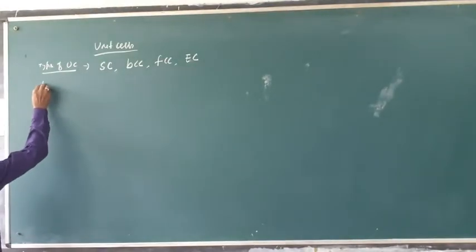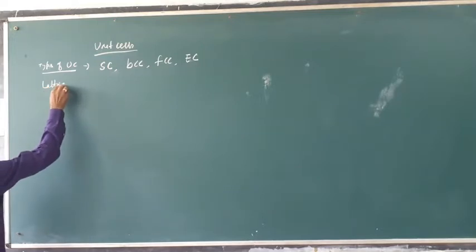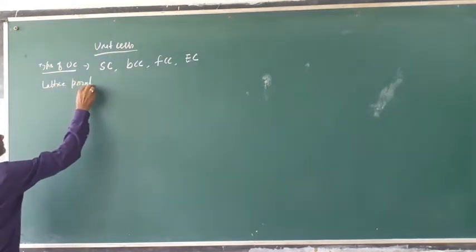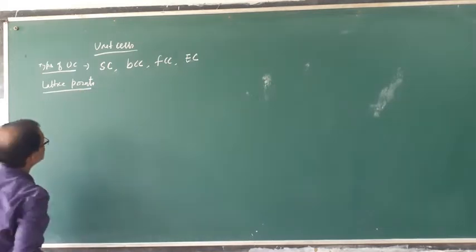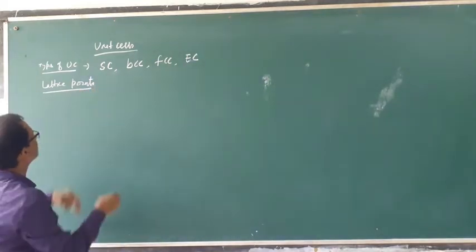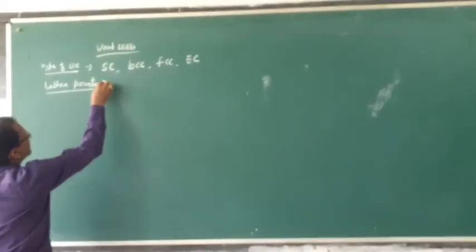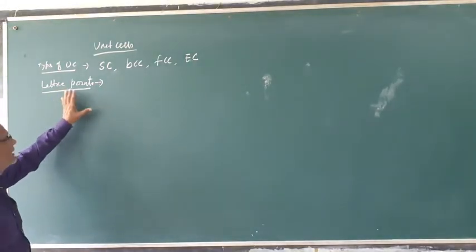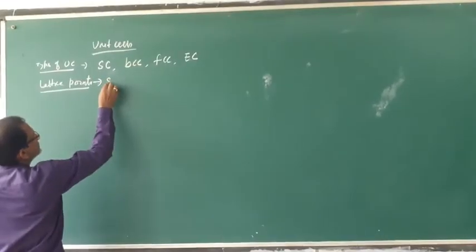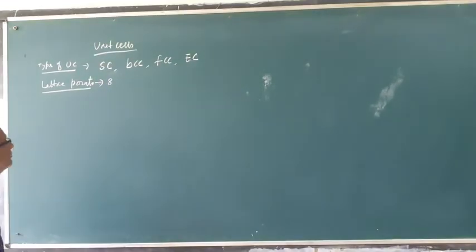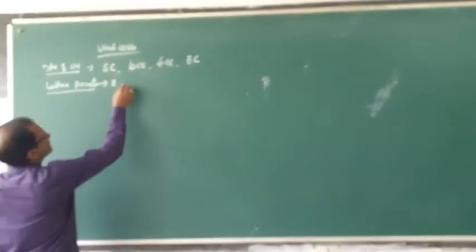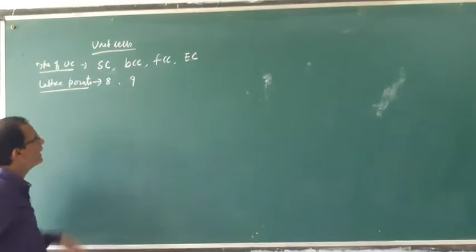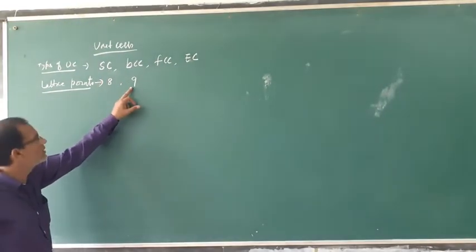What are the lattice points? In simple cubic type of unit cell, the lattice points are 8. That means 8 corners. Body centered is 9: 8 corners, 1 body center.